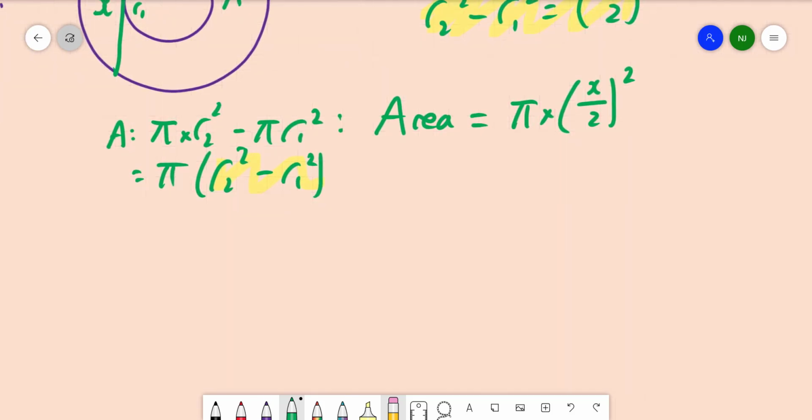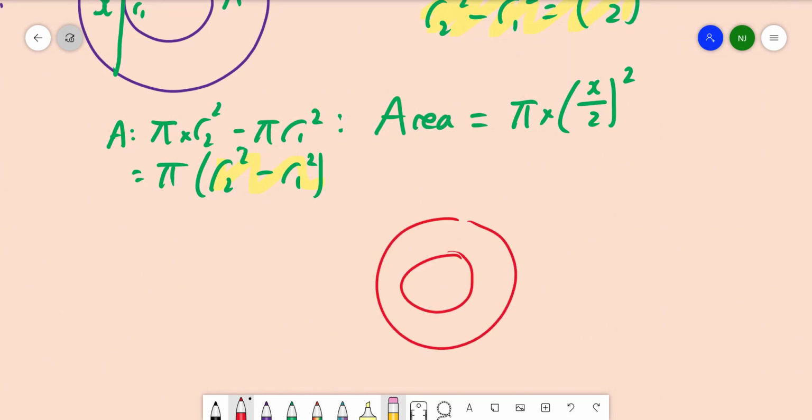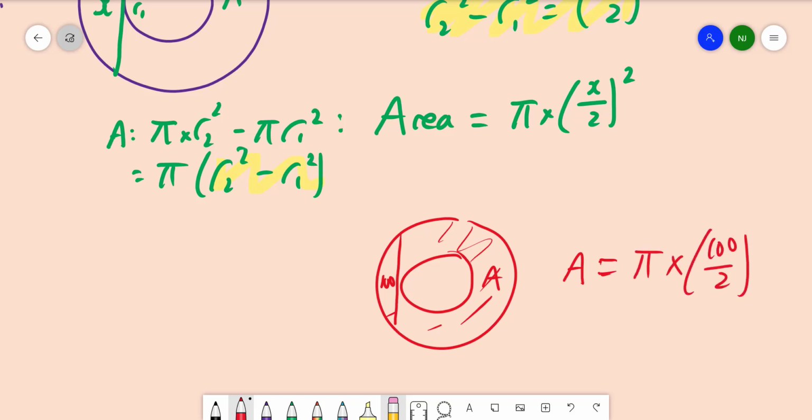So just using this formula, let's say I had this question here, where this one was 100, we know that the shaded area A would just be pi times 100 over 2 squared, which is pi times 50 squared, which is 2500 pi. That's super neat. What a lovely question.